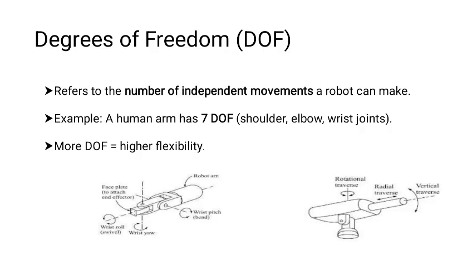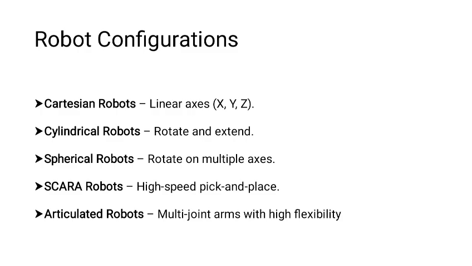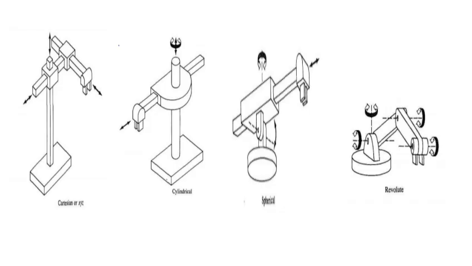Next we are going to see the configurations of robots. In configurations of robots, we are going to see Cartesian robots, cylindrical robots, spherical robots, SCARA robots and articulated robots. Here it shows the diagrams of the configurations. First we see the Cartesian configuration.